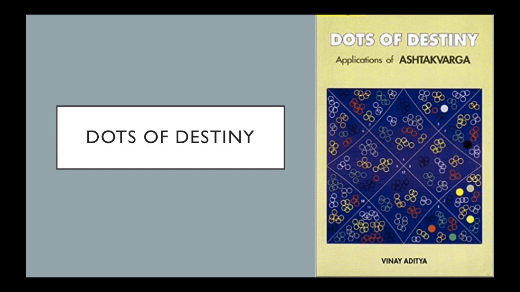Rahu and Ketu are excluded from this. So it is seen from 8 positions. Hence, when points are given, points meaning benefic points, they are seen from all these planets or 8 signs, the ascendant and the 7 planets.